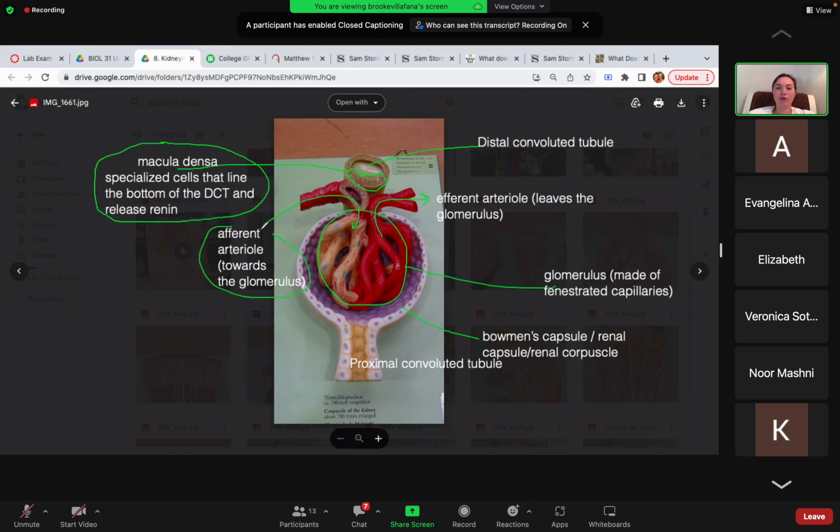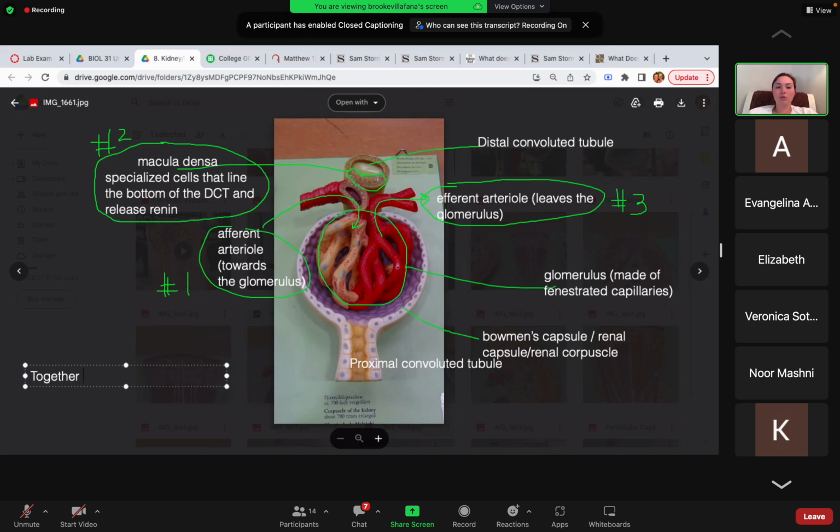Together, the afferent arteriole, the macula densa, and the efferent arteriole, we're going to number them. Number 1, number 2, and number 3. So number 1 is the afferent arteriole. Number 2 is the macula densa. Number 3 is the efferent arteriole.